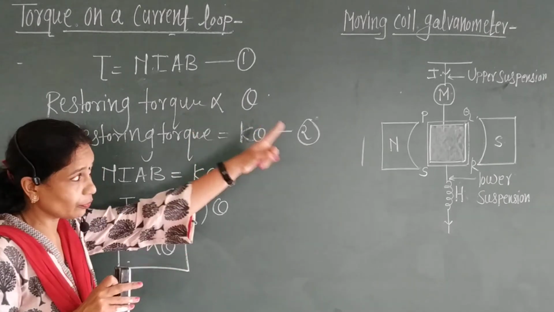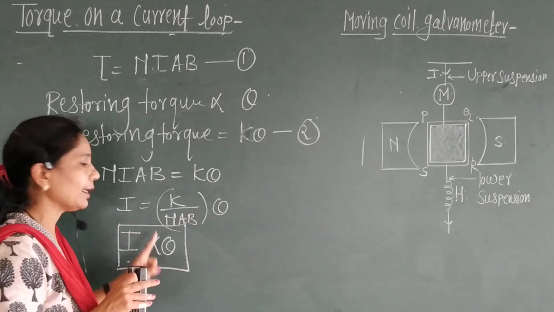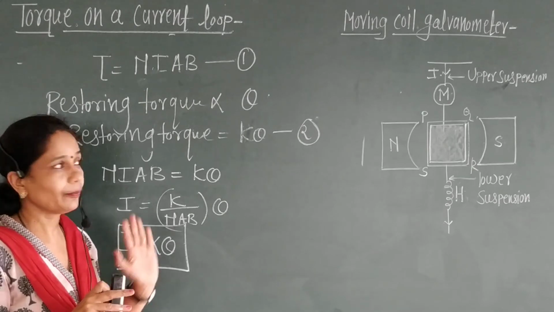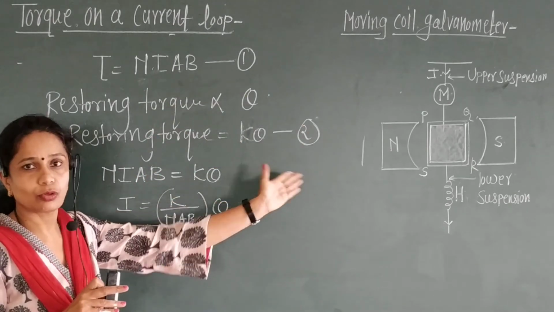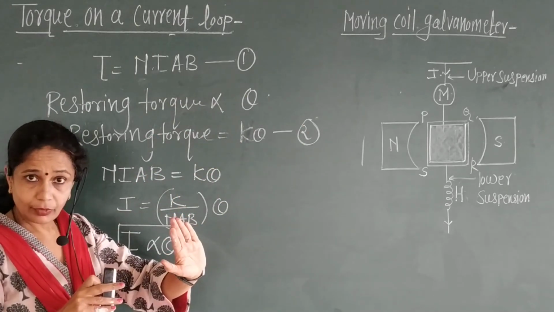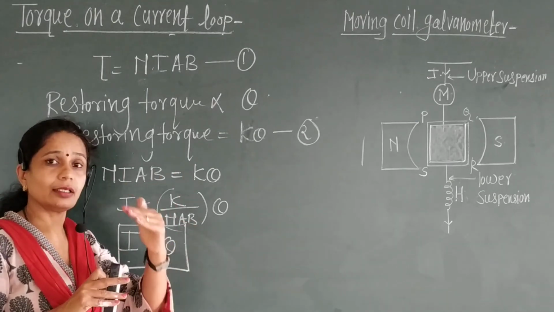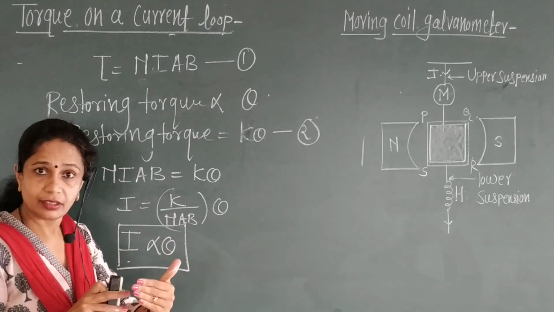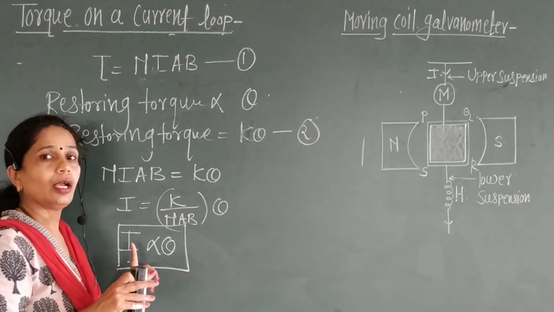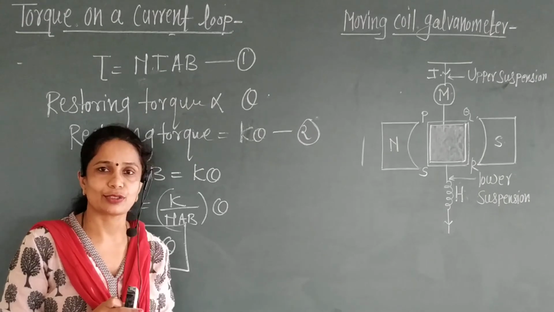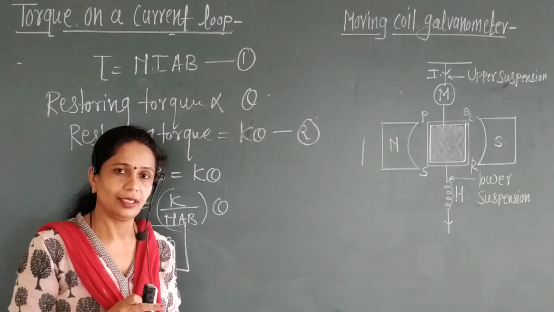That is, the current flowing through the coil is directly proportional to the angle of deflection. When the current flows through the coil, it gets rotated, okay? Therefore, it gets deflected, and that angle of deflection is theta. Therefore, as the current increases, the angle of deflection of the coil also increases. Okay? Let us stop here.